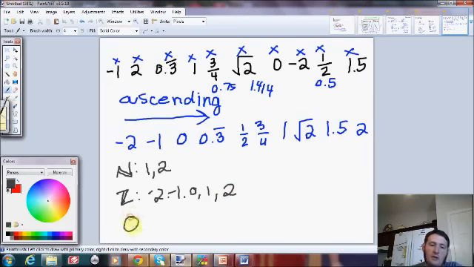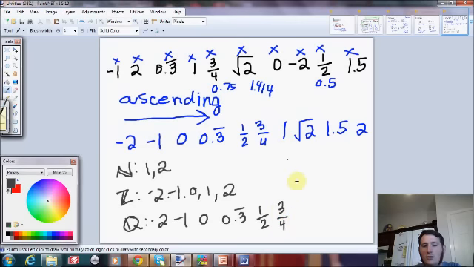The symbol for rational numbers is Q. Most of these numbers are going to be rational. So -2's rational, -1, 0, 0.3 repeating's a rational number because it's a repeating decimal. 1/2 is clearly a fraction, as is 3/4.